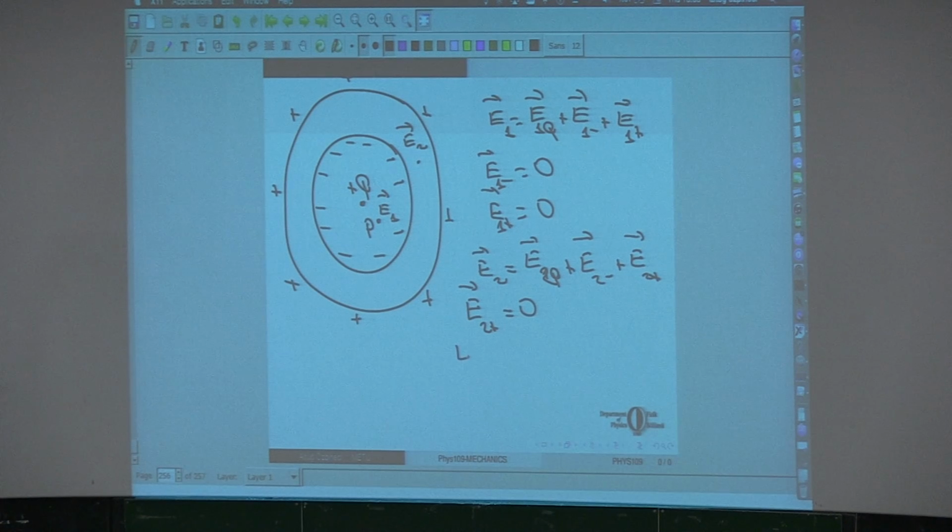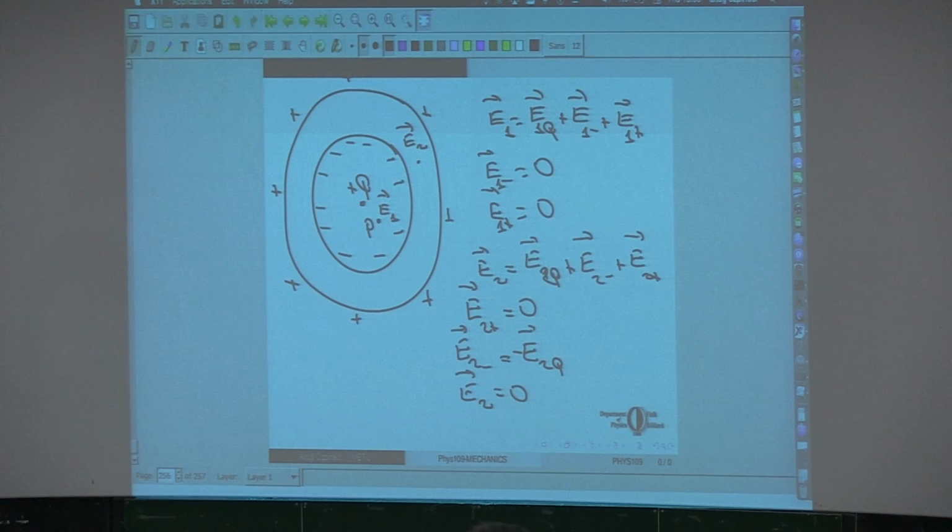And E2 minus, the electric field created by the negative charges at this point, will be equal to the electric field created by the Q charge with a minus sign, in the opposite direction, so that the total electric field inside the conductor will be 0. Sure.